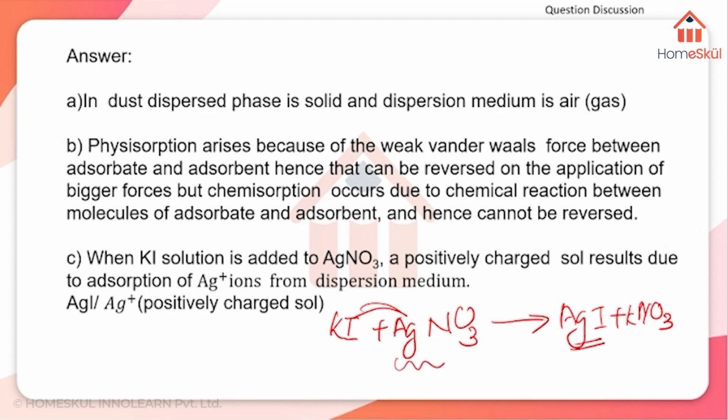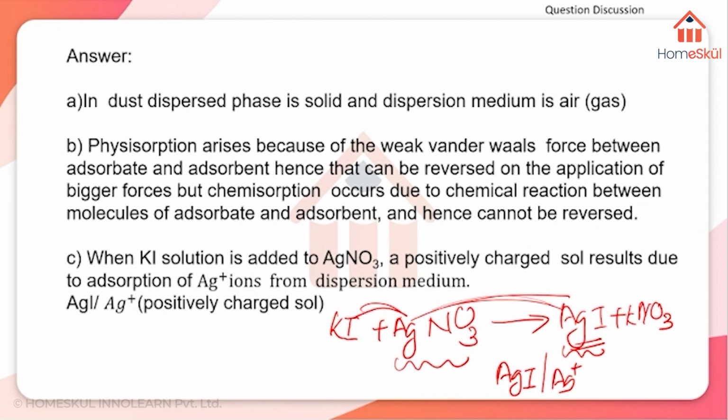You can see dispersion medium is silver nitrate and our precipitate is silver iodide, and the common ion is silver here. Common ion is silver. So what happens? The silver iodide will selectively absorb silver Ag plus from the dispersion medium. So the colloid will become positively charged. That's our answer. Okay. So now let us move to the answer.